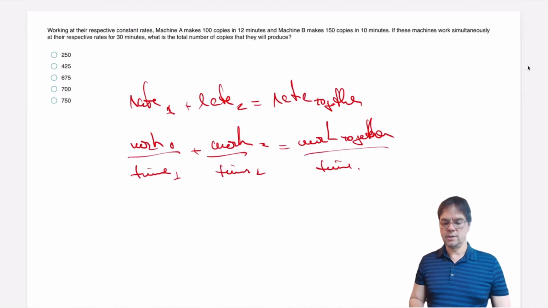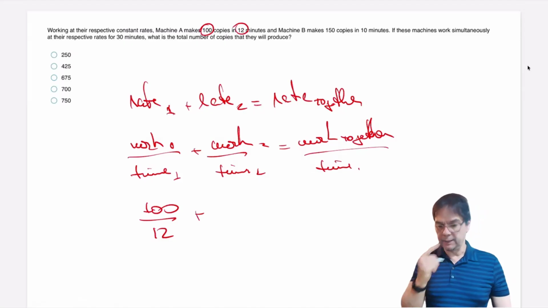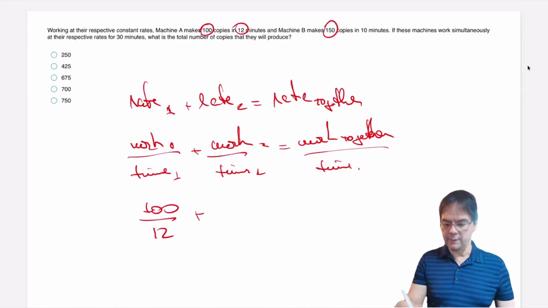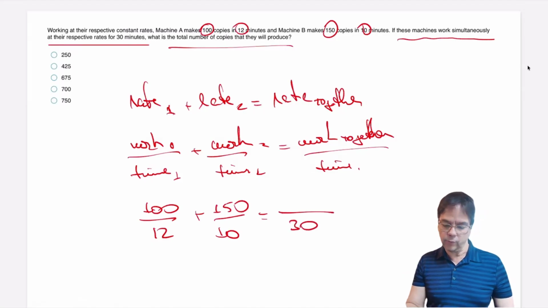It will be 100 copies in 12 minutes. Pay attention if the units are consistent. 150 in 10 minutes. So if these machines work simultaneously at their respective constant rates for 30 minutes, how much of the work will be done?